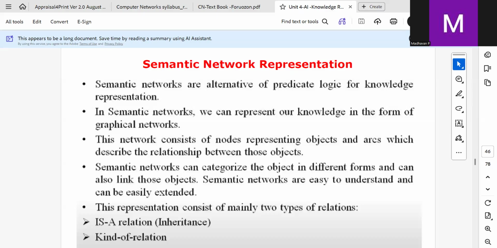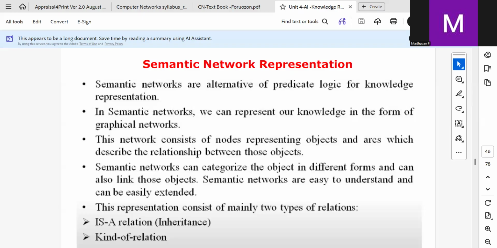Here, the knowledge is represented in the form of a graphical network. So it's a kind of a visual based system where every node plays a different kind of character, different kind of subsystems. It is also very easy to deduce information if you have a visual kind of a system.